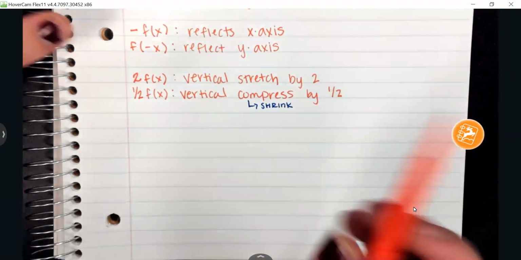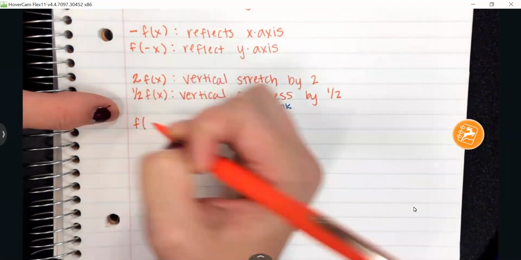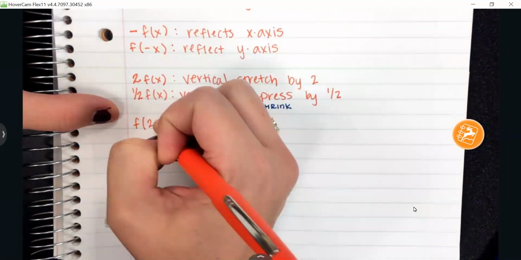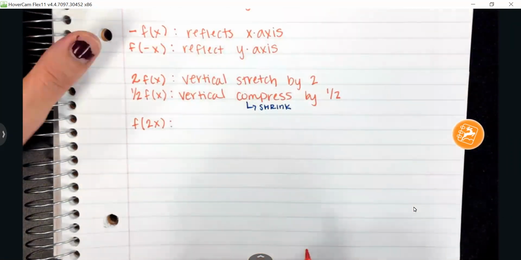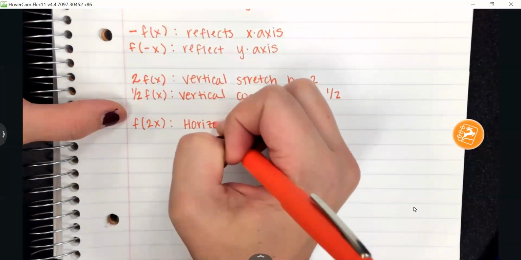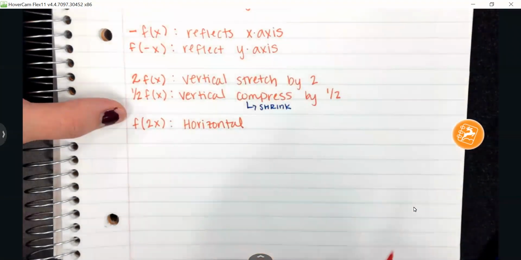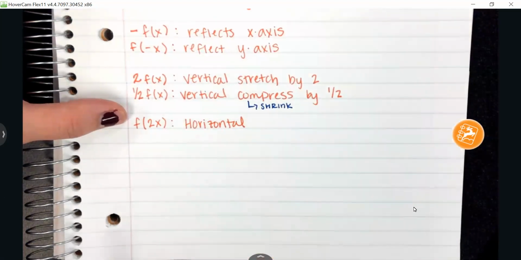All right, last 2. What if my f of x had the multiplication of 2 inside? Well, first it's horizontal. Now, what were those 3 really important words we said? Inside is opposite.